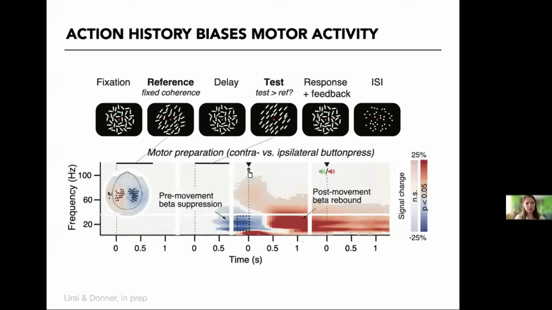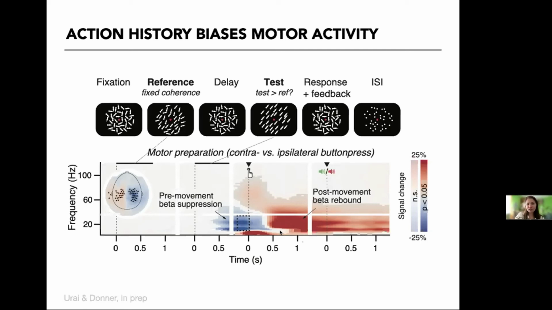So if you look here, this is looking at the top of the head from someone, you see that there are these opposite signs of these motor synchronization signals over left and right motor cortex, which is sitting here right at the top. And this is already present before people press the button. But interestingly, after releasing the button, we see what has been called in the literature a motor rebound.